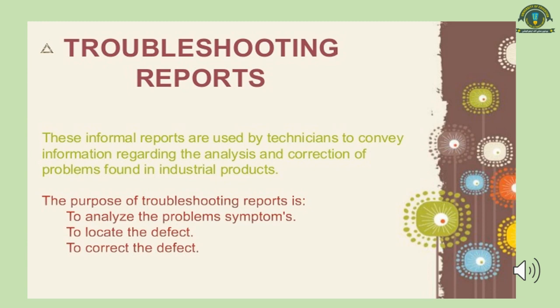When we talk about the introduction, the introduction has three components. The first one is background, the second is purpose, and the third is scope. The first component, background, describes events leading up to the existing situation.